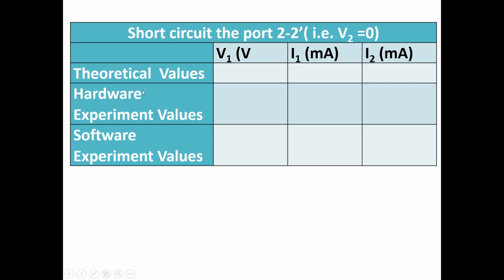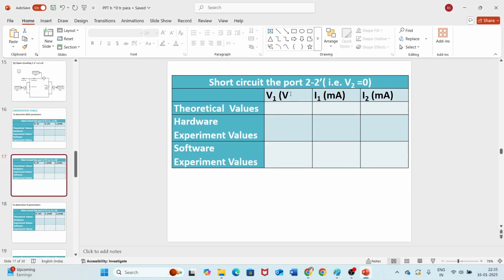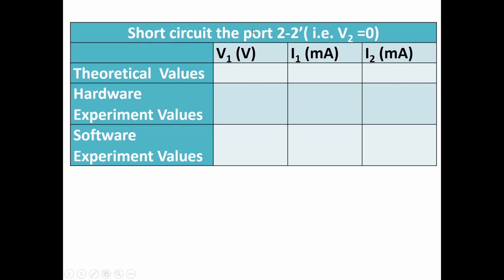Next, short circuiting the port 2 dash. So when you short circuit the port 2 dash, that is V2 equal to 0. So sorry, here bracket is missing. So here short circuiting port 2 dash.